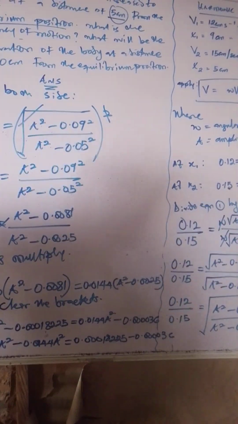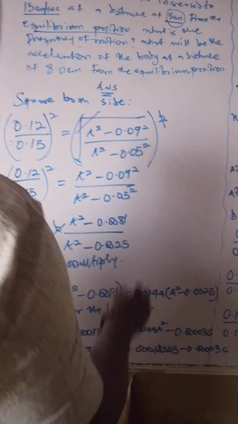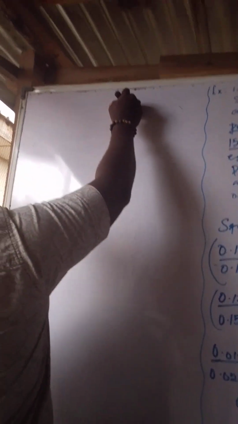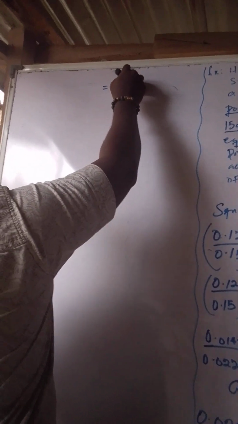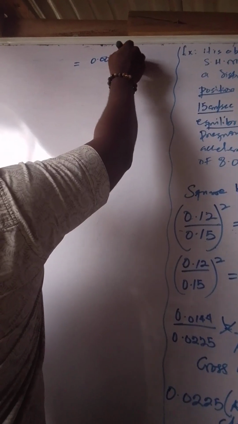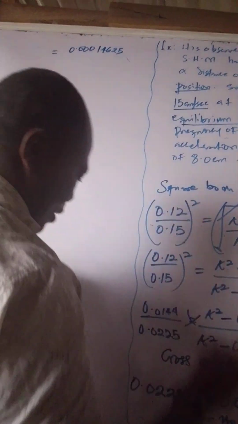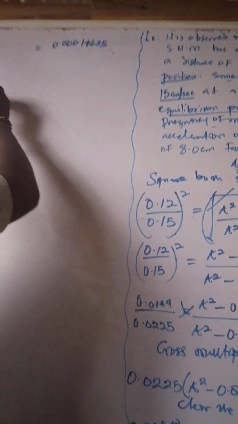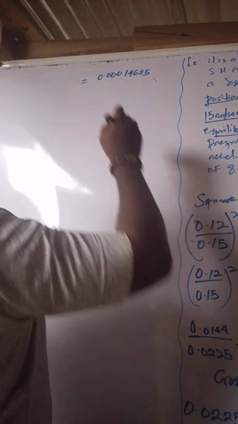This is bigger than this, so it's going to be positive: 0.00014625.